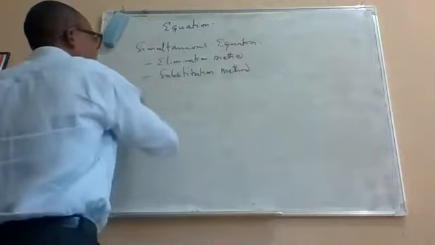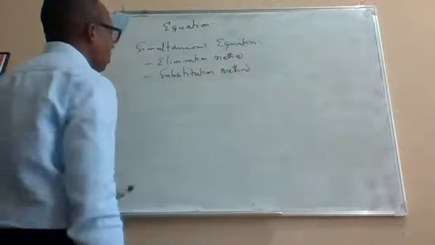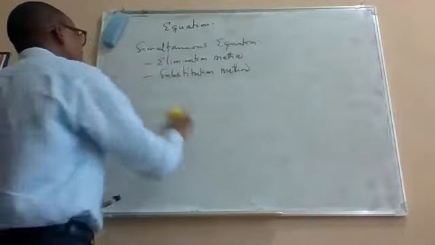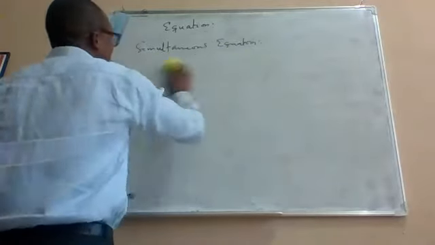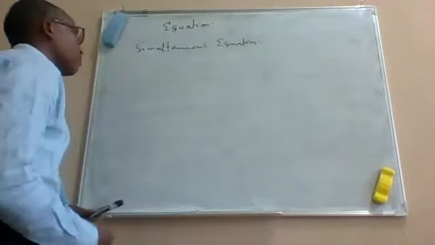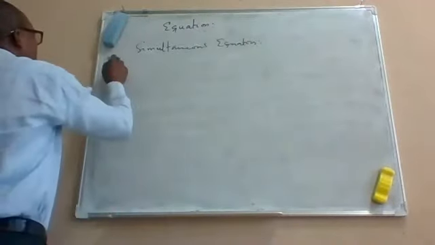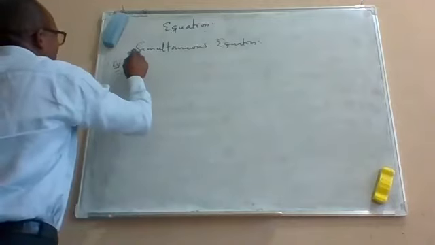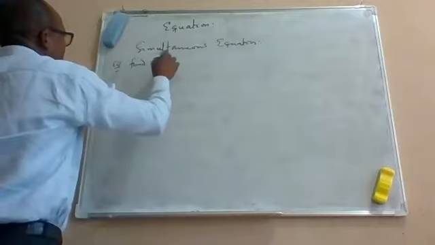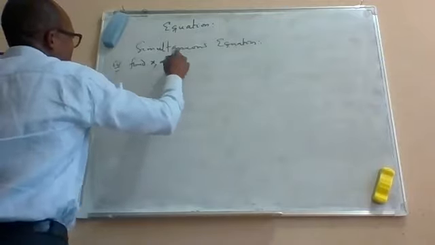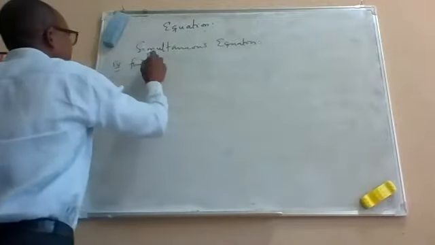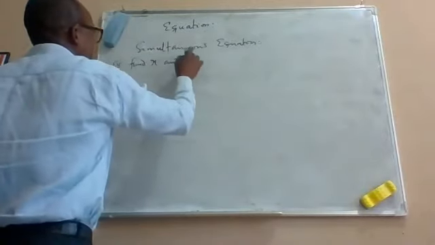I will take 2 examples. I will solve it with the elimination method, and the same questions I will solve with the substitution method. But I will only limit myself to linear systems of equations. That's the example. Find x and y.